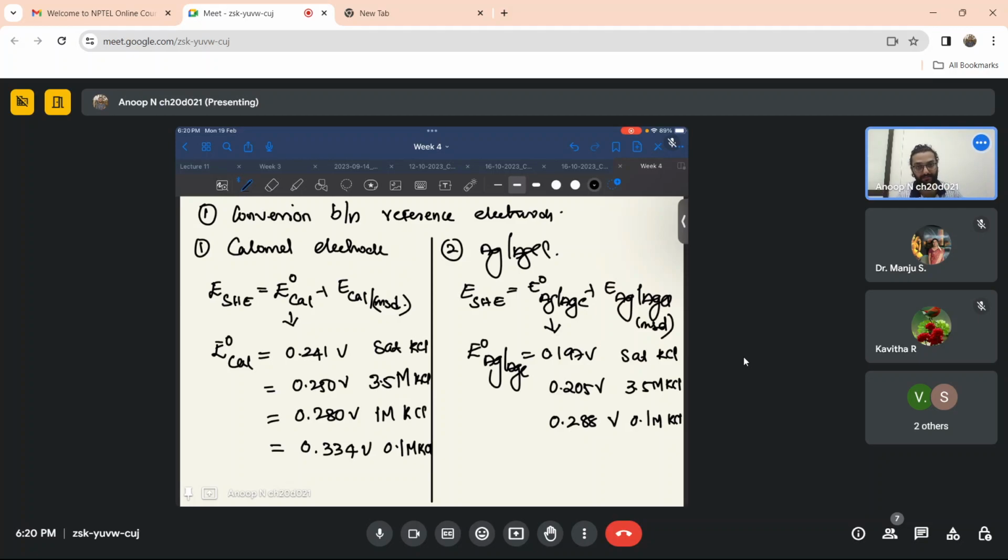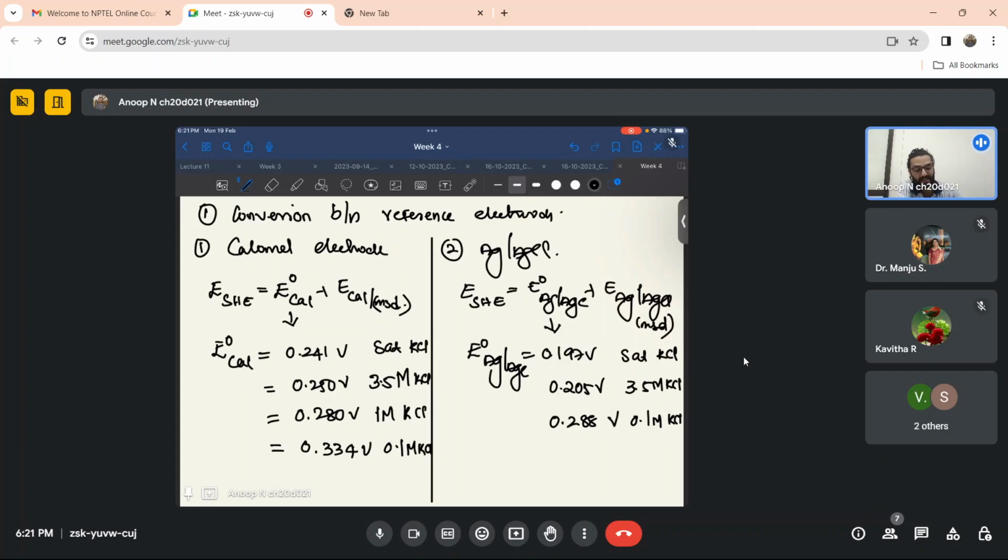So is that clear? Whatever values we get in the tables are against SHE. So either we have to convert the value we are measuring in our laboratory to SHE or to something called the reversible hydrogen electrode. That one we will see next. When we read a research paper or literature, you will see most potentials are reported against the reversible hydrogen electrode.